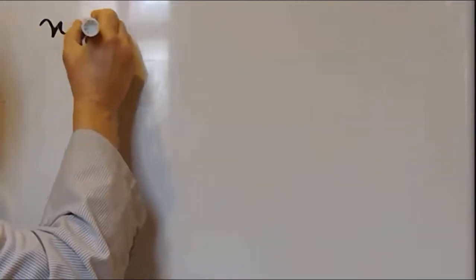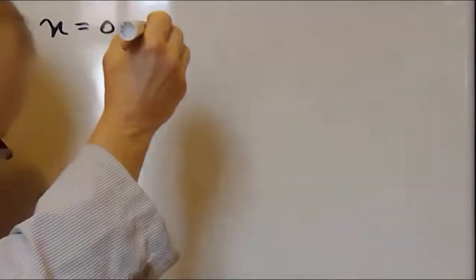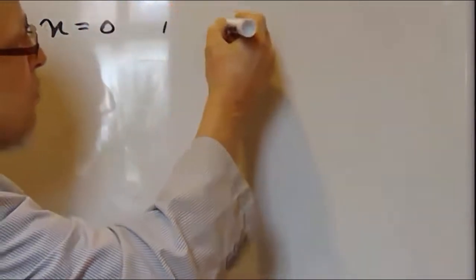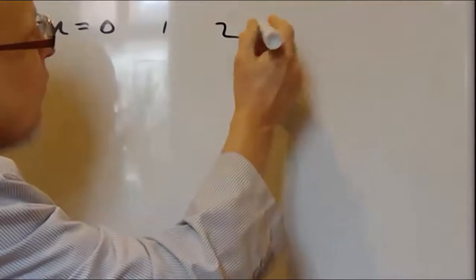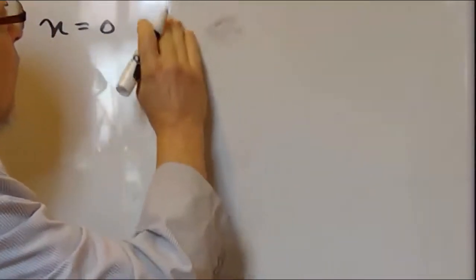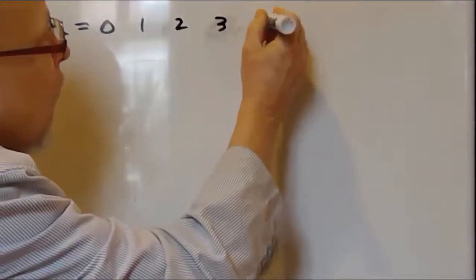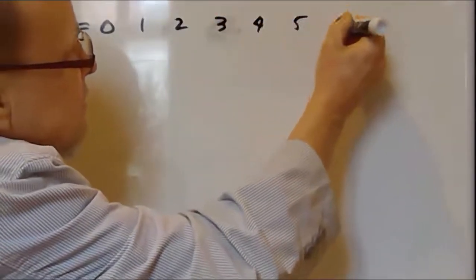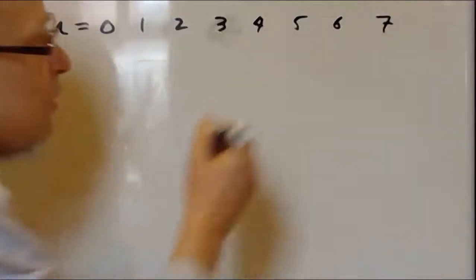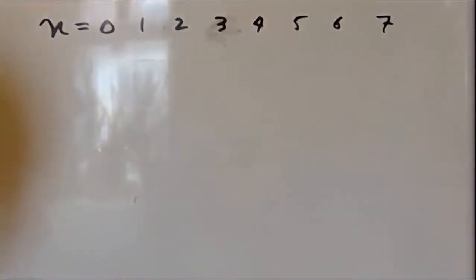We see n is equal to 0, 1, 2, 3, 4, 5, 6, 7. So we're going to make a sequence that consists of 7 numbers.